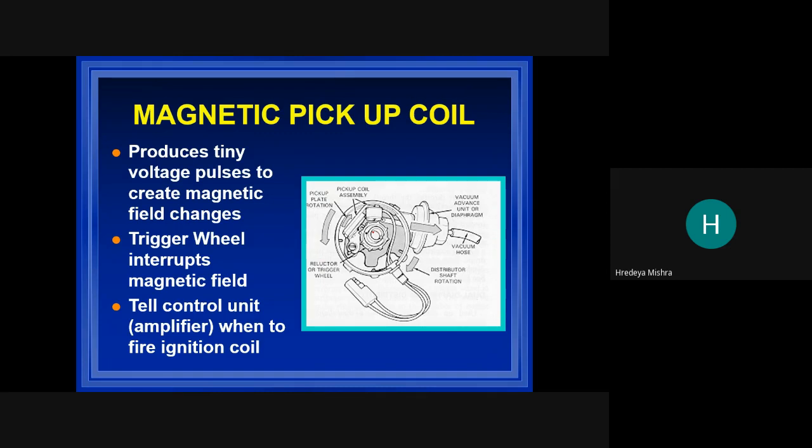The trigger will interrupt the magnetic field, and tell the control unit, that is the amplifier, when to fire the ignition. Means it is concerned with the amplifier when a fire is needed.